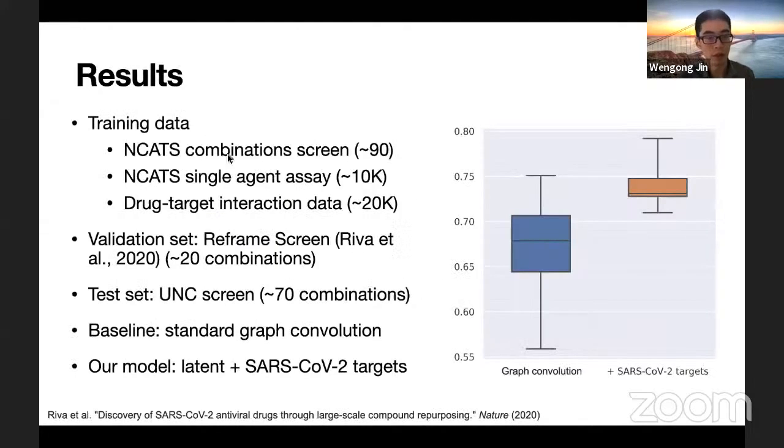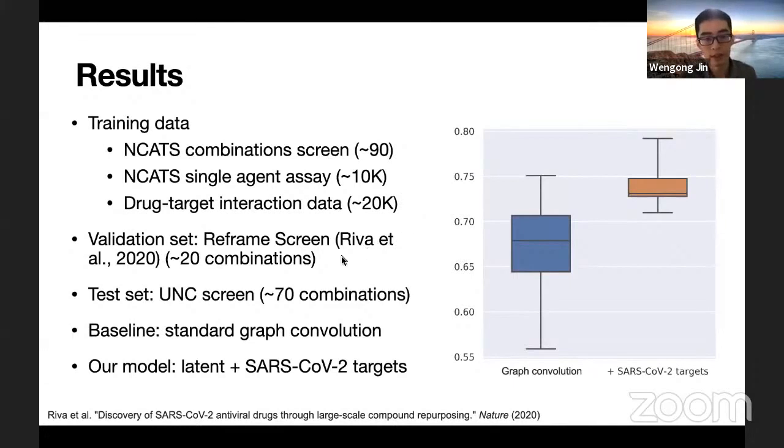So here is a quick summary of our results. Our training data comprises three types of data. First is the drug combination assay, and the second is the single agent activity assay, both from UNCATS, and we also have drug target interaction data, around 20,000 of them compiled from ChEMBL.